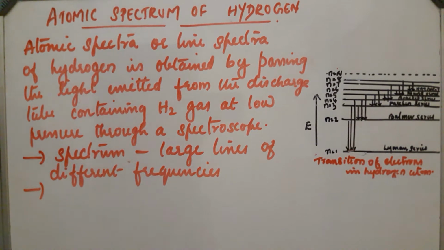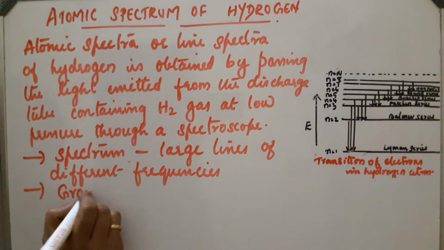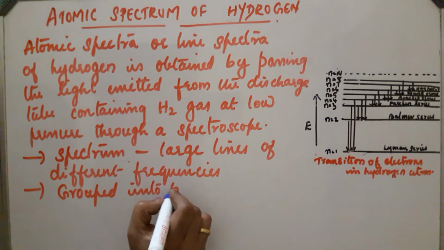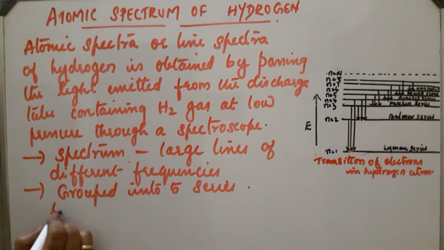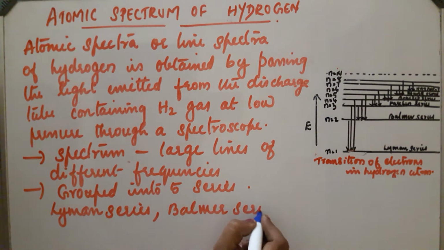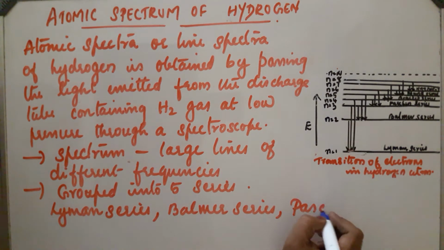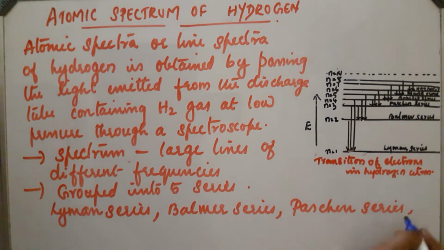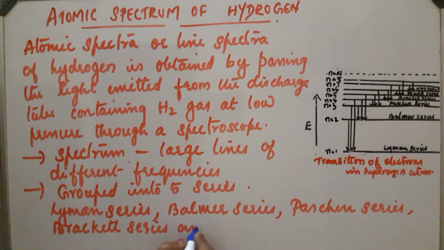These lines in the emission spectrum of hydrogen are grouped into 5 series, which are named after the discoverer of each series. First the Lyman series, then the Balmer series, third the Paschen series, then the Brackett series, and the Pfund series.